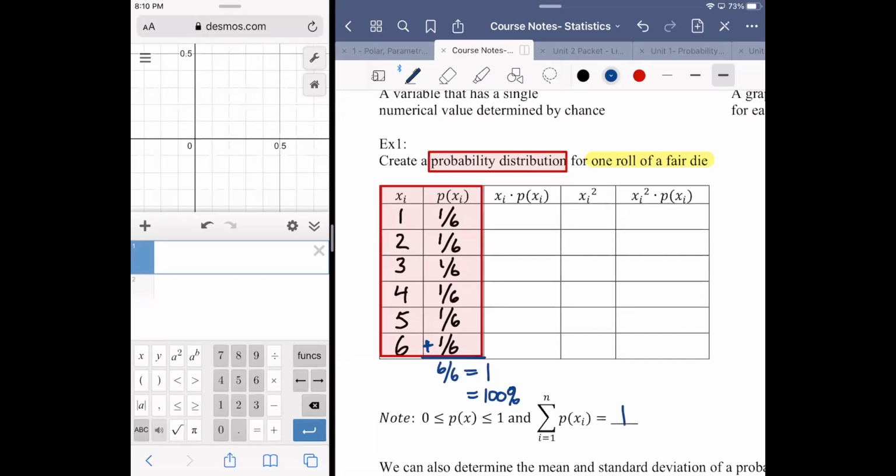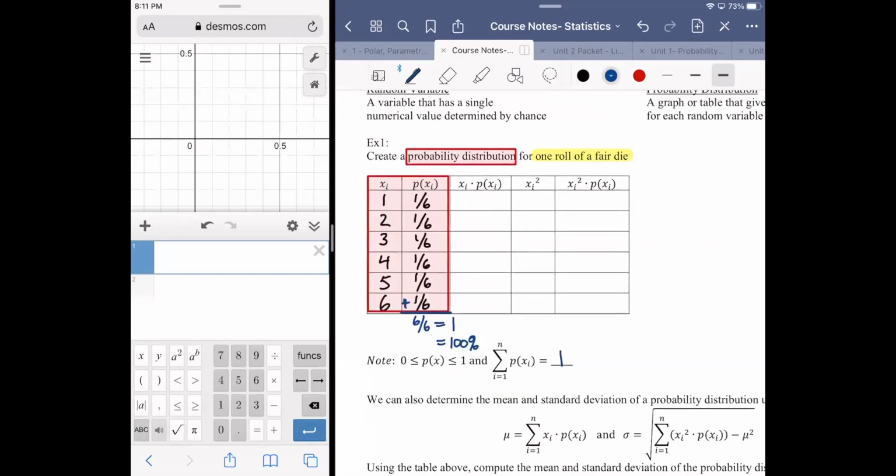Otherwise, it's not a probability distribution, and a lot of the stuff we do based on that information would be invalid. So we can find the mean of a probability distribution, and we can also find the standard deviation of a probability distribution, none of which is overly complicated.